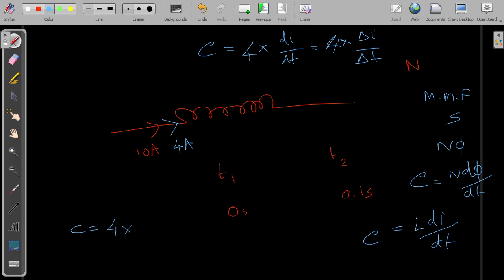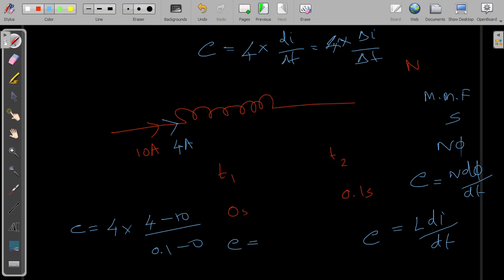The final value is 4 ampere and the initial value is 10, so 4 minus 10, divided by the corresponding time change, 0.1 minus 0.